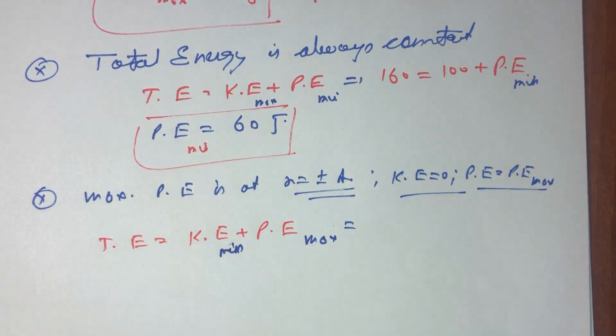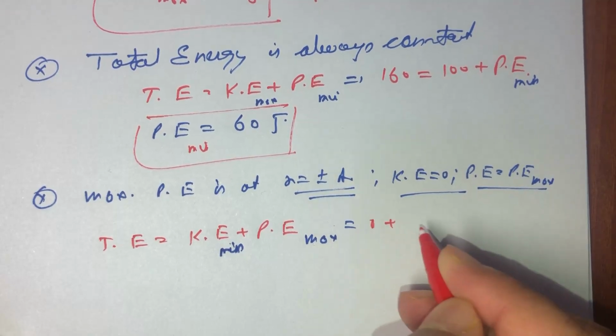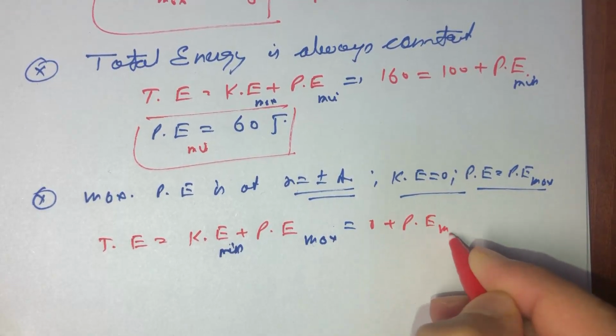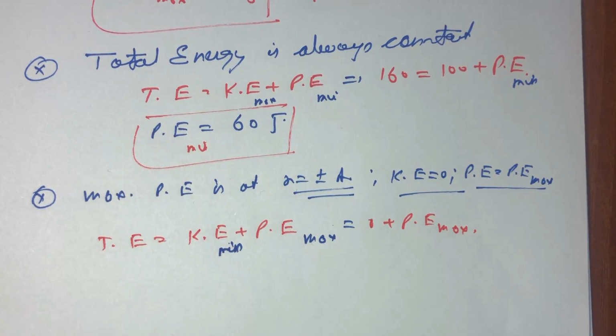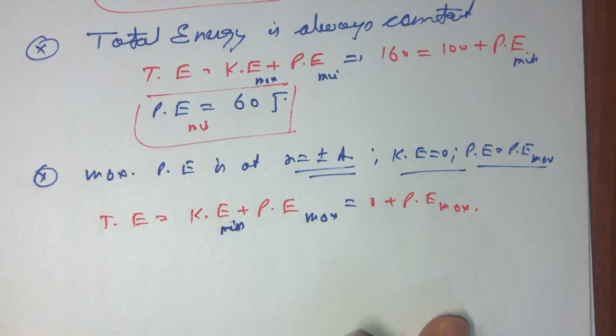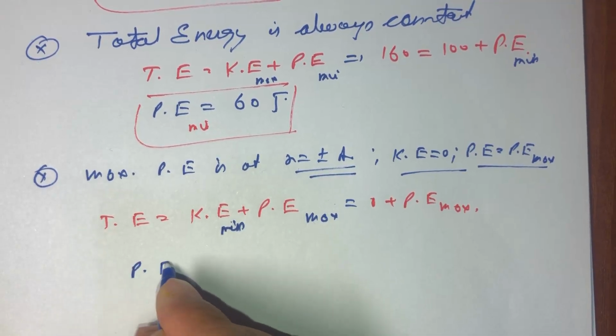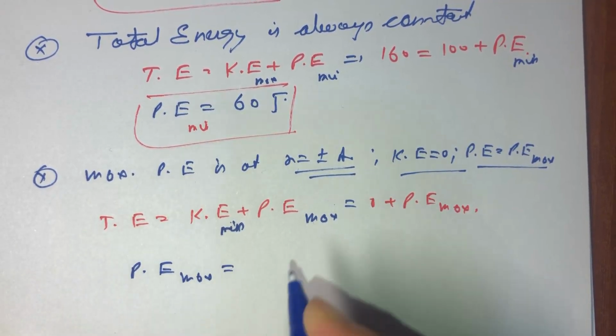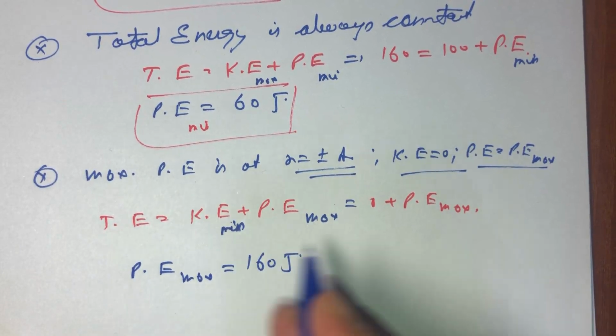So we can write 0 plus maximum potential energy, and the total energy is 160 joules. Therefore the maximum potential energy is equal to 160 joules.